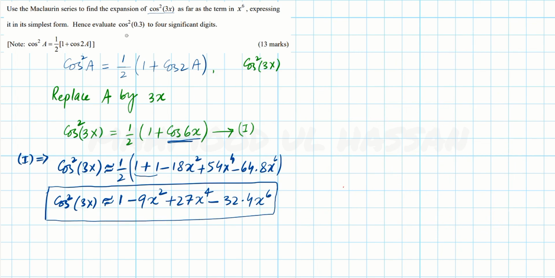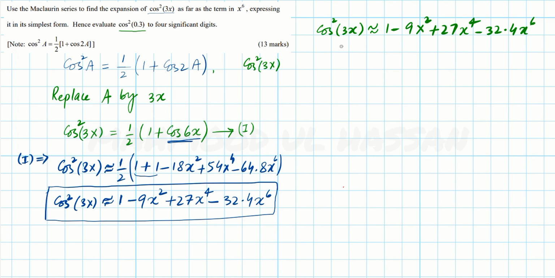Next we have to find cos square 0.3. So cos squared 3x is approximately equal to 1 minus 9x squared plus 27 x to the power 4 and minus 32.4 x to the power 6.